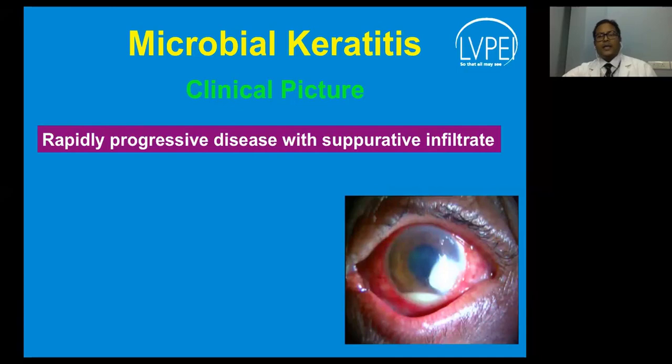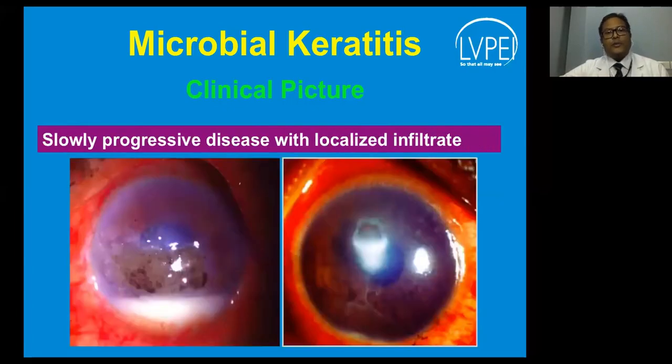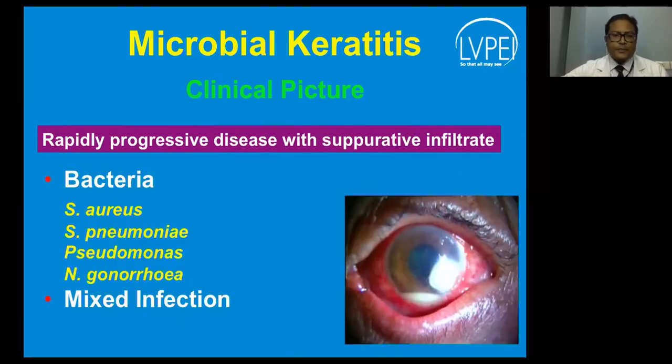Now, there are several clinical scenarios here, such as a rapidly progressive disease with a suppurative infiltrate. And it could also be a slowly progressive lesion with a localized infiltrate, as in the clinical pictures there. So each has very different connotations. For example, a rapidly progressive disease with suppurative infiltrates could be of bacterial origin or it could be of mixed origin.